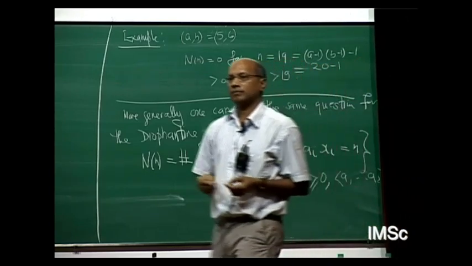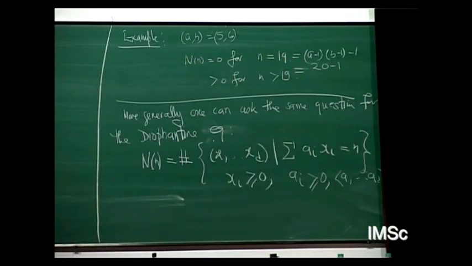Same question: once again, one is asking what is the largest value of n for which N(n) is 0, and then the second question, what is the exact shape of the answer? To me, it seems like a rather basic question in number theory.